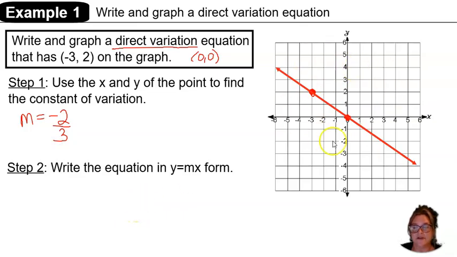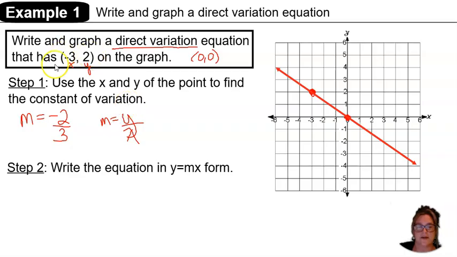Now, we don't want to have to sketch the graph every time we want to find the constant of variation. And so we remember that we can also find the constant of variation of a direct variation by looking at the ordered pair that it passes through. Negative 3 is the x, 2 is the y, and the constant of variation is the y divided by the x.